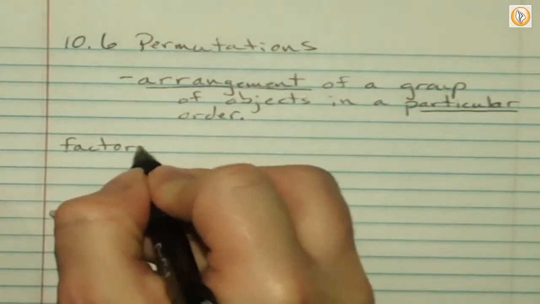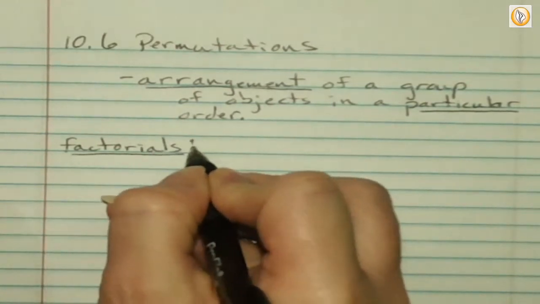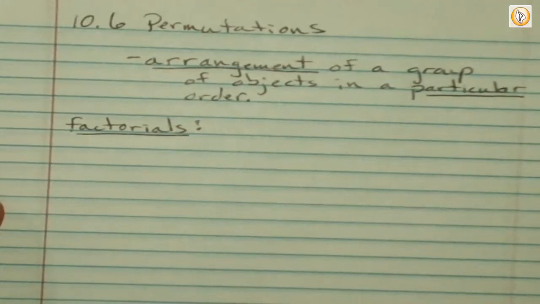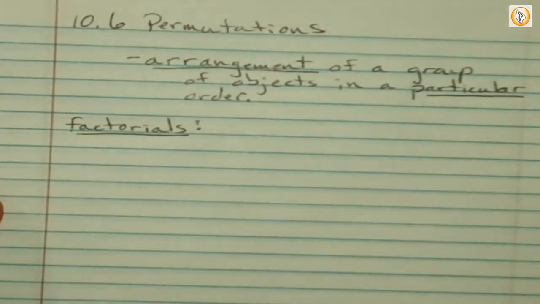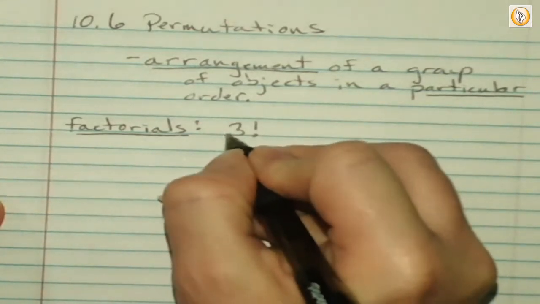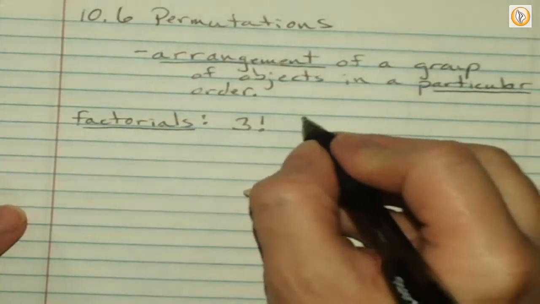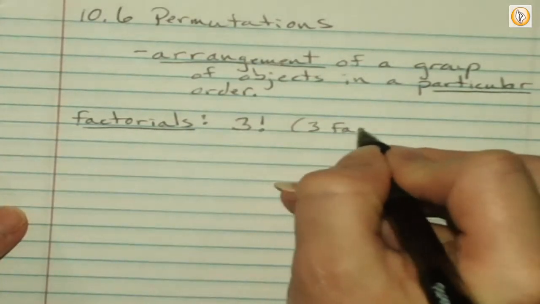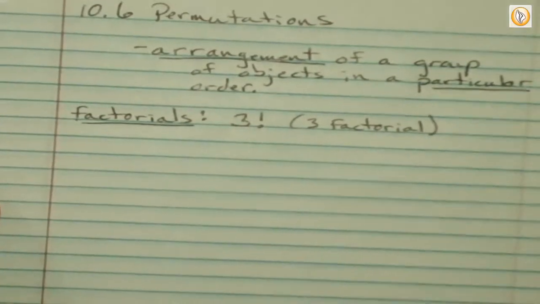All right, factorials. We're dealing with factorials. That's the name. And I'm going to show you what it looks like. It looks like this. That is 3 factorial. This is an example. Is that an exclamation point?